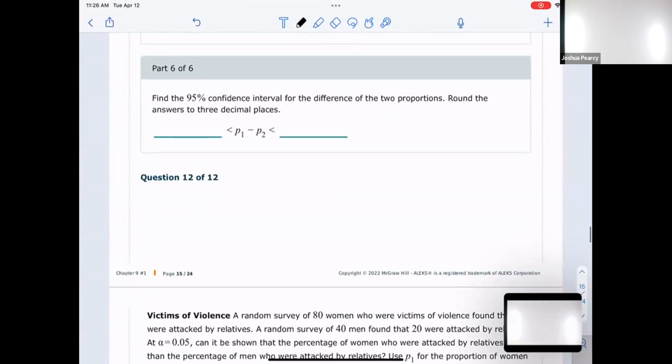Then y'all can do that part. Find the 95% confidence interval for the difference of two proportions. That's just using the confidence interval formula. Let's see if I can get it first.